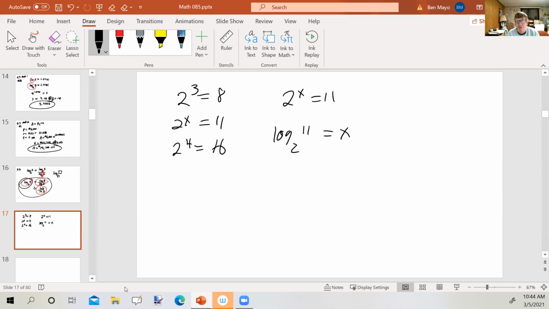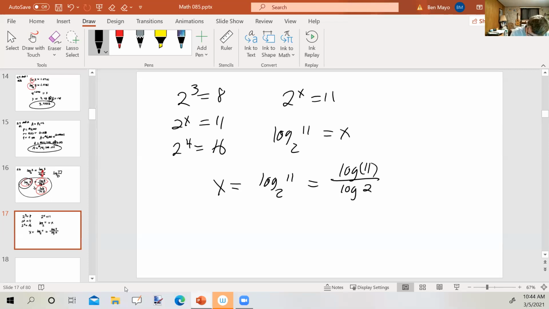At that time, it was like, well, great, we've isolated x, but how do we find log base 2 of 11? Well, let me write it this way instead. Using the change of base formula and using, let's say, log base 10, that would be log base 10 of 11 over log base 10 of 2.